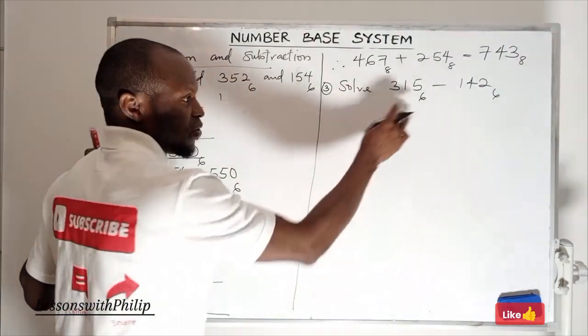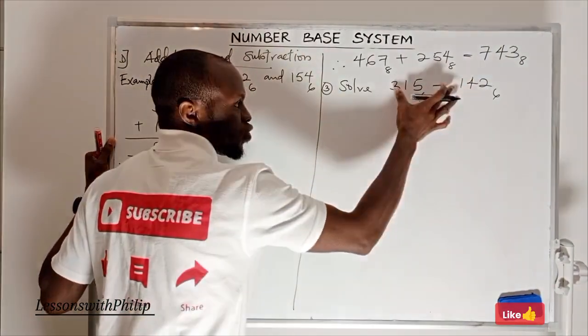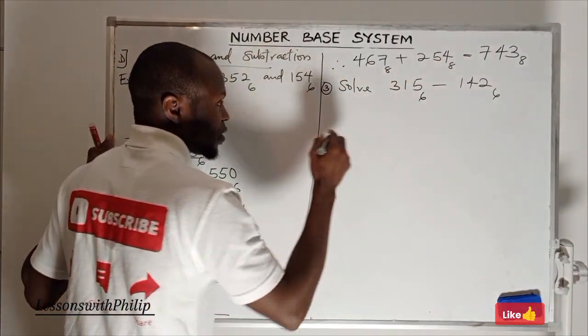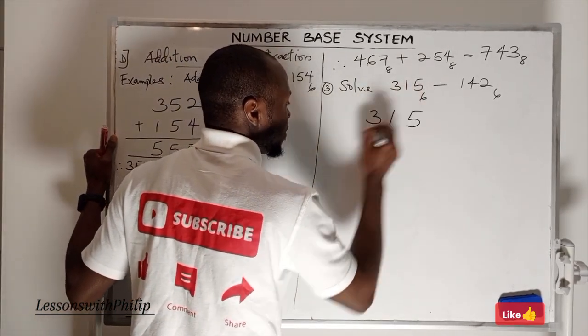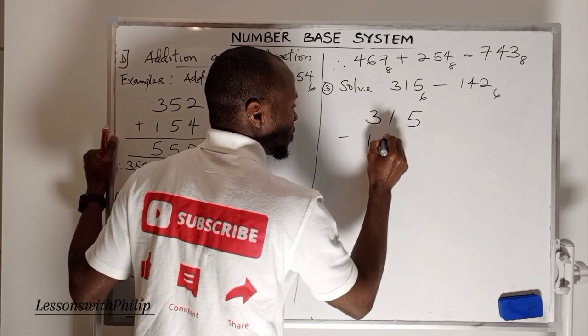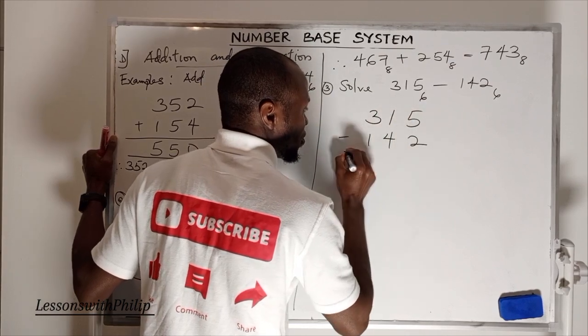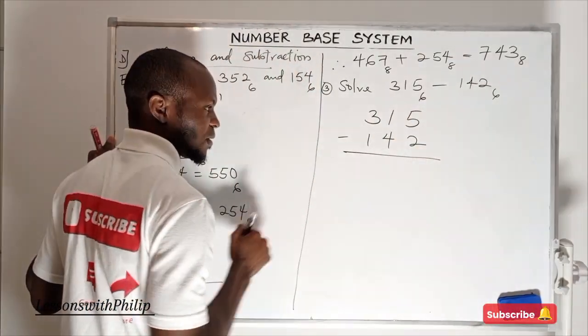How do we do this? First of all, understand that the two numbers are in the same base. So we write 3, 1, 5 minus 1, 4, 2. We want to subtract in this case.